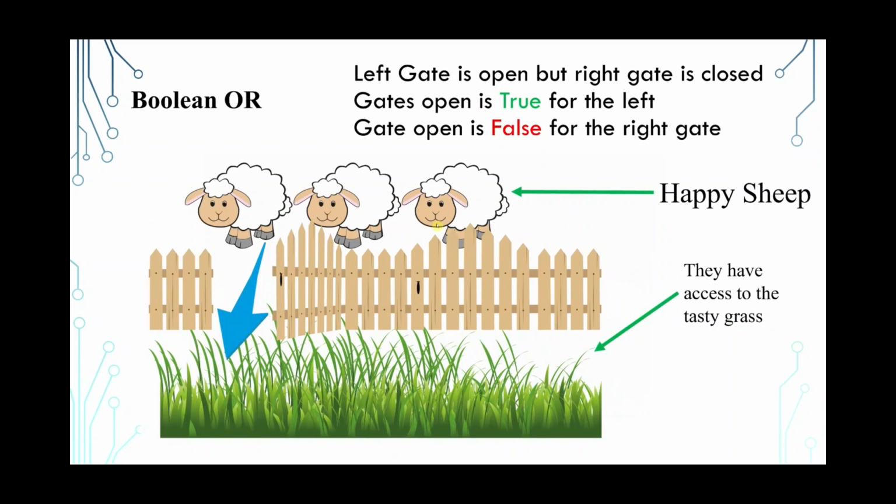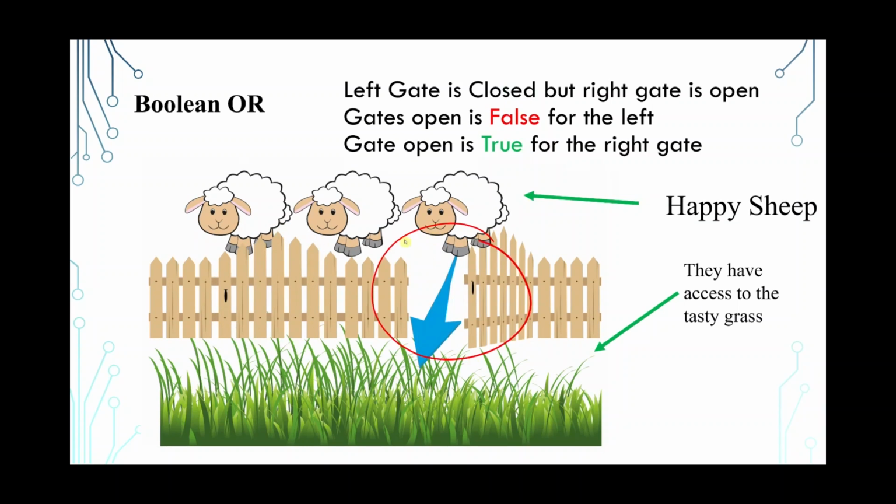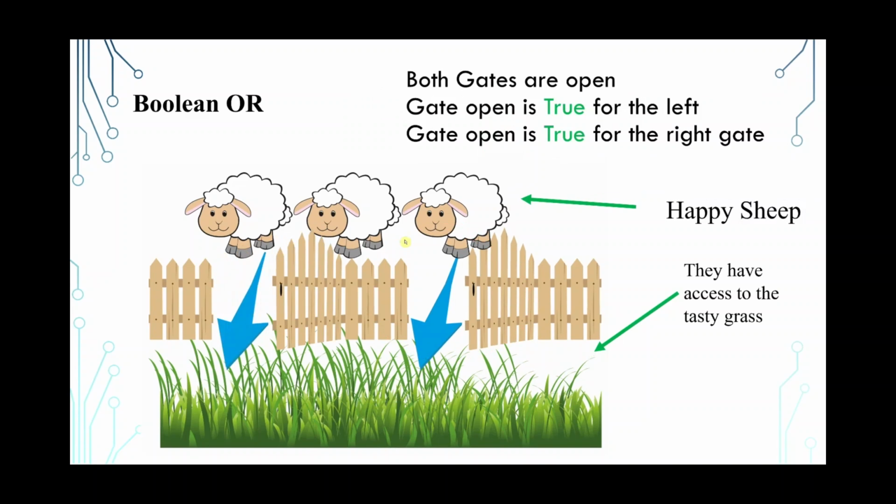However, if one of them is open, either this one or this one, then you have happy sheep because they have access to the tasty grass. If both are open, that's even cooler because then they have more than one gate to enter the grass, which basically makes it true.